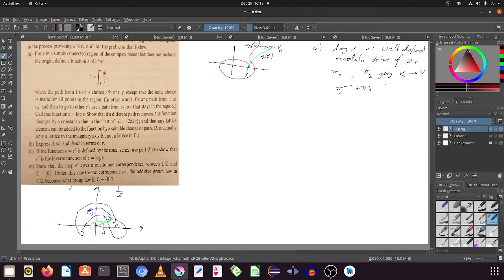Then you get a closed path. And it's null homotopic. And v naught is distinct from the center, from 0.